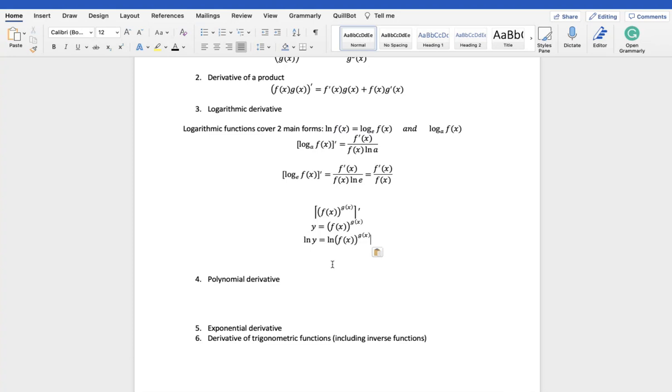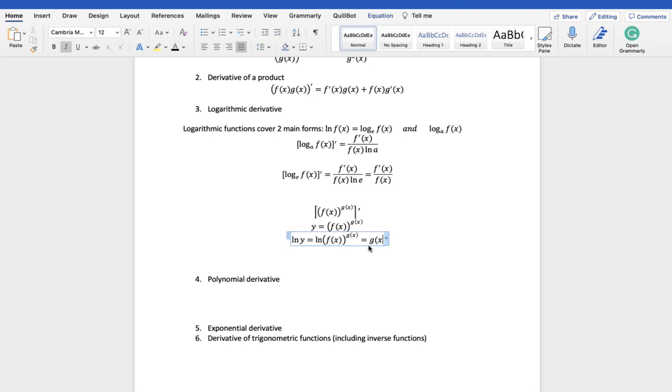Take the natural logarithm, and then obviously you remember your rules for logarithms in general: if you have ln of f of x to the g of x, this exponent g of x can come out of the ln function.